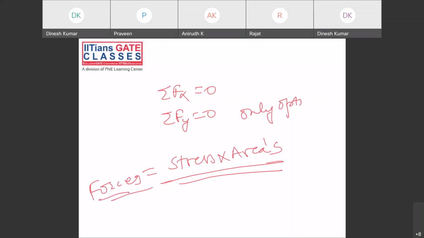Only option B will satisfy this equilibrium. How can you do it? Using a force polygon, you can draw all the forces on this force polygon and then resolve accordingly. That we have done in classes to derive stress transformations.